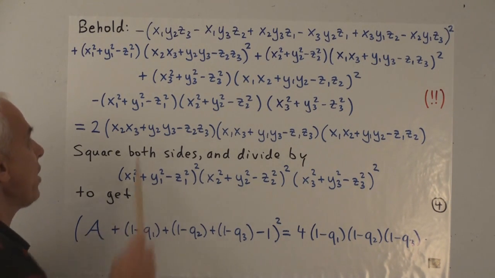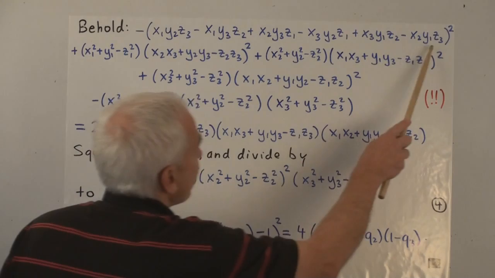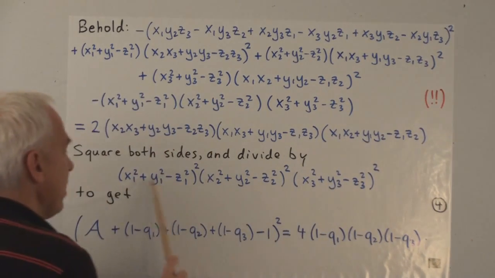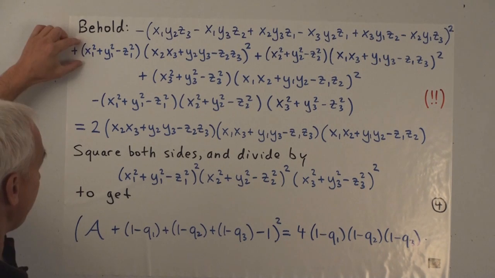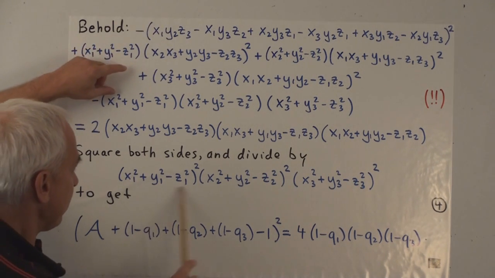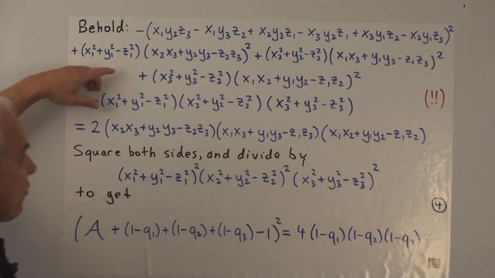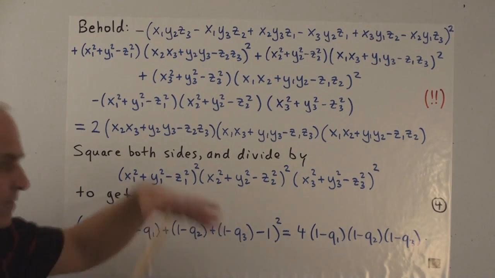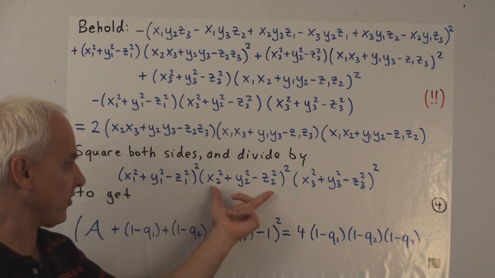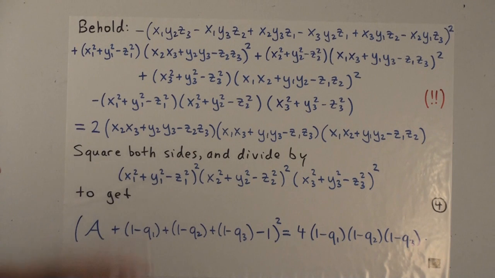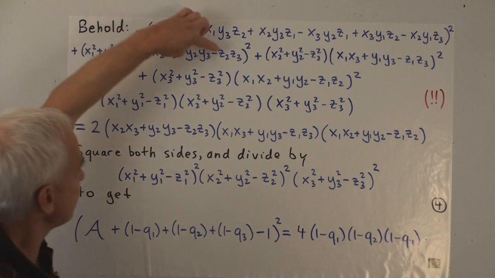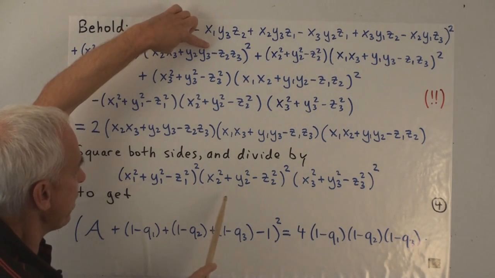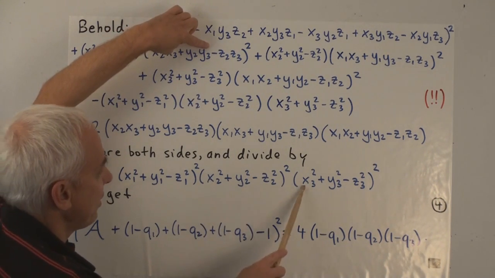The formula was that the quadrea was minus this squared divided by this times this times this. If we take this thing here and we divide by this times this times this, again without the squares, because inside the big square we're just really dividing by this times this times this, then the x1 squared and so on will cancel. So we're getting this dot product squared divided by this times this.